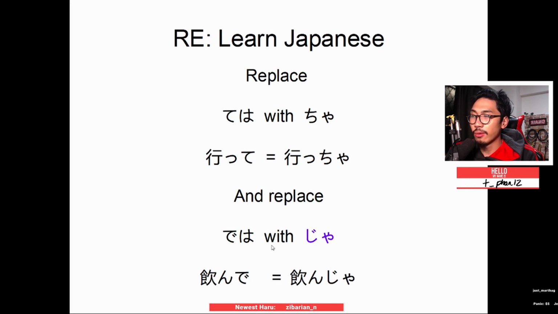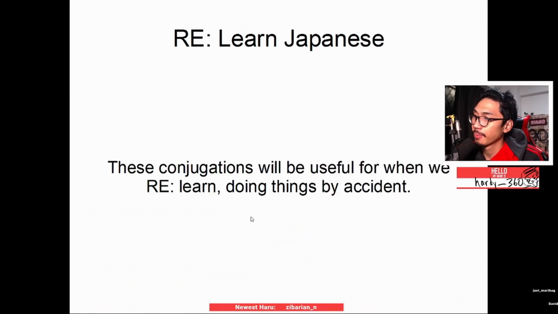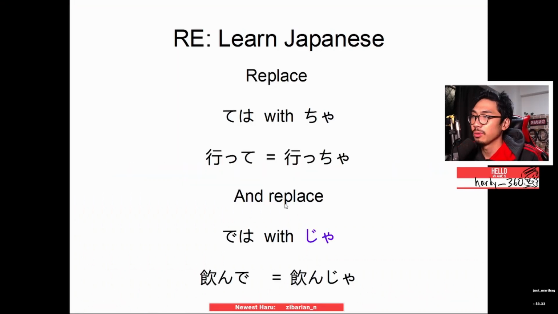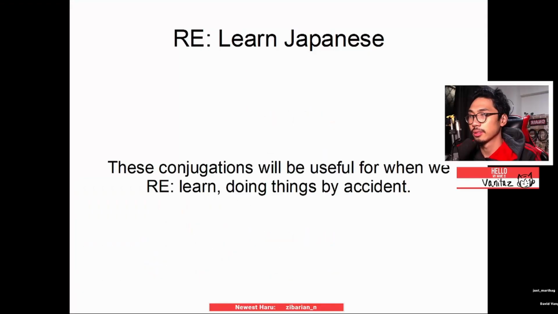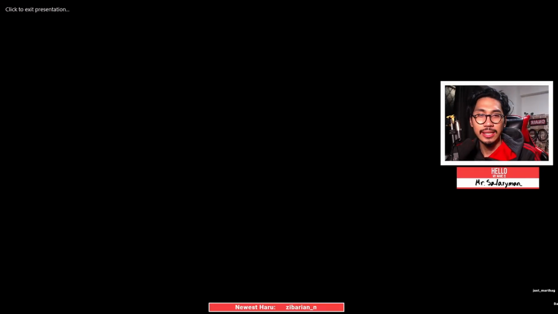And you notice that では is actually the full form of じゃ. Like, じゃあ, それは, instead of saying では, you say じゃ. So these conjugations will be more useful for when you learn how to do things by accident. 何々をしてしまう or してしまいます or 死んじゃう or やっちゃう or 買っちゃう and so on.